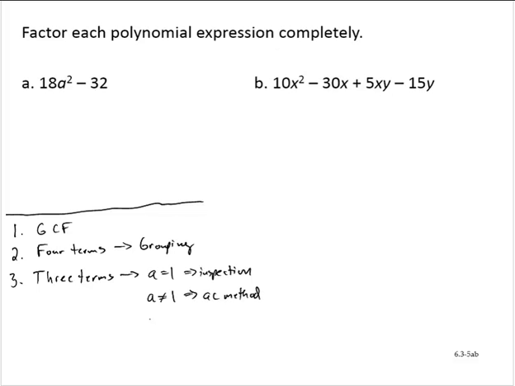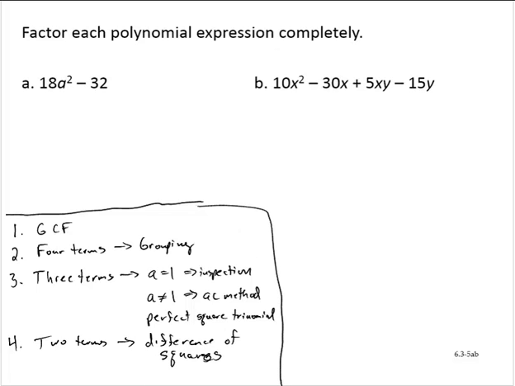And we also want to be on the lookout for the perfect square trinomial pattern. And also, if we have 2 terms, we want to be on the lookout for the difference of squares. So let's keep that in mind, and let's go through a few examples.